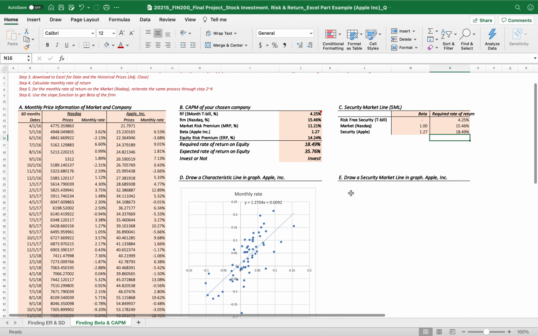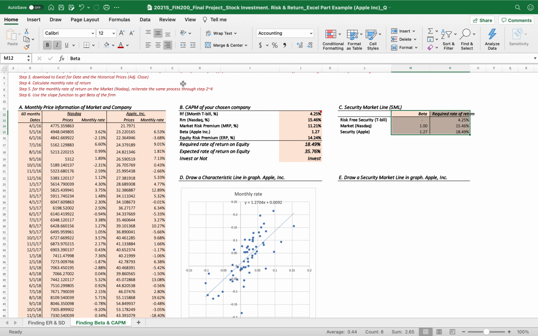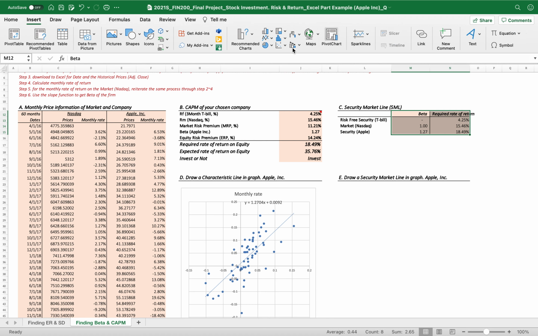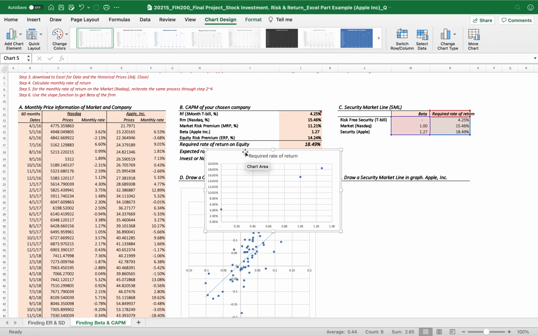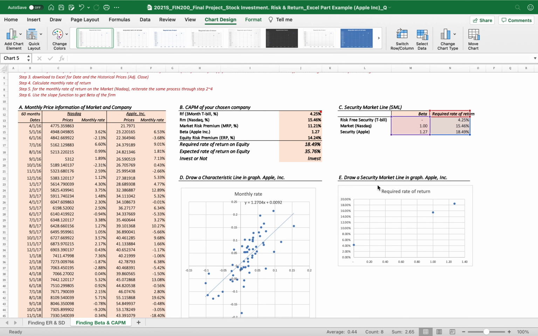So we are using this beta and required rate of return. Which was the y-axis? The required rate of return is the y-axis. So when you drag this part and draw the line in the same way, we get this. As you can see, these three dots must be on the same line, which is the security market line.